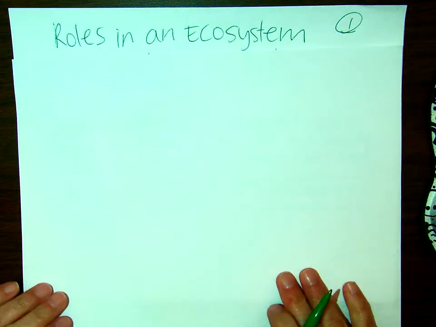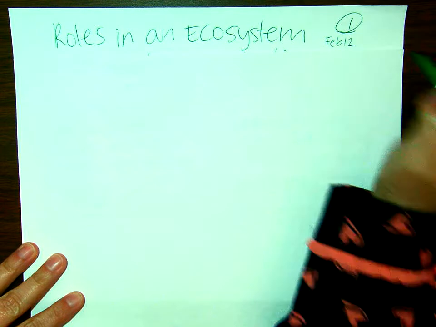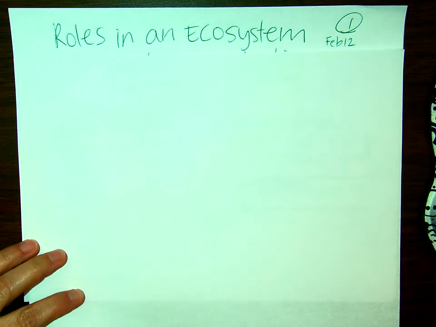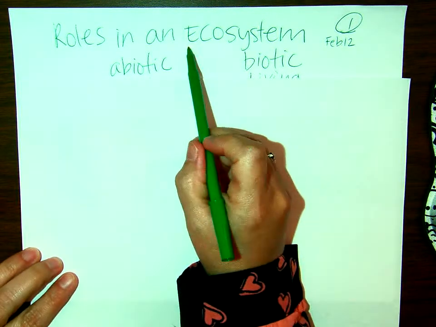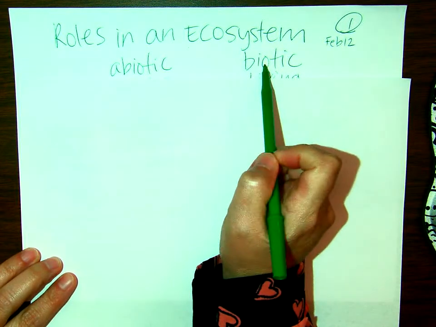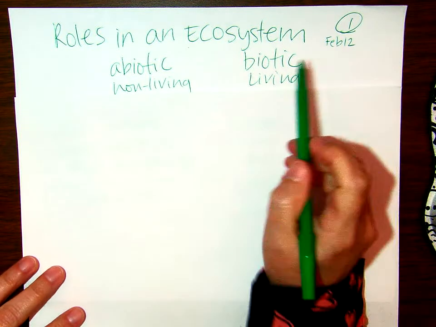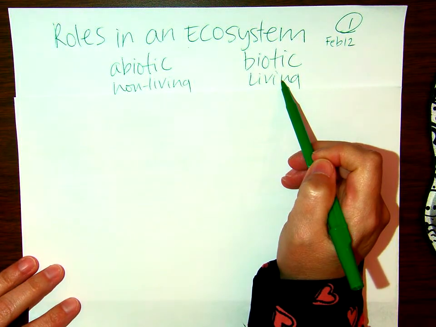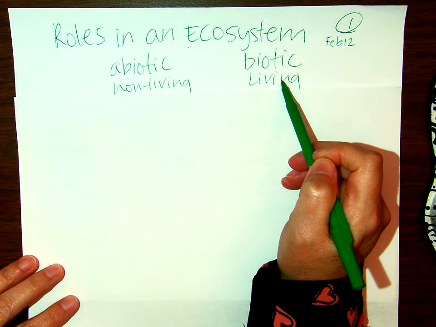Okay, this is based off of an assignment that you guys did on February 12 in Schoology. So go ahead and put your title on your paper. In an ecosystem, there are biotic and abiotic factors. Biotic factors are living things like the animals, the plants, the bacteria, things like that.